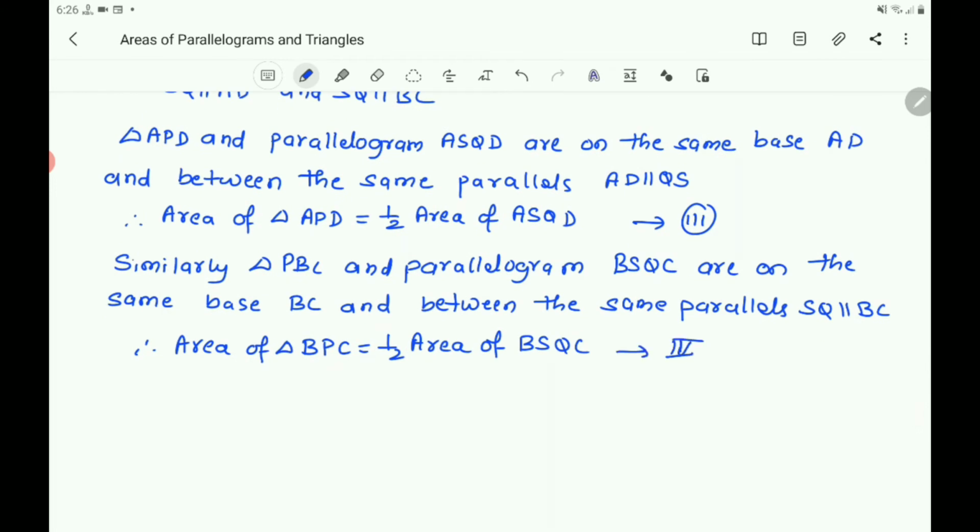Now you add this, LHS plus LHS, RHS plus RHS.